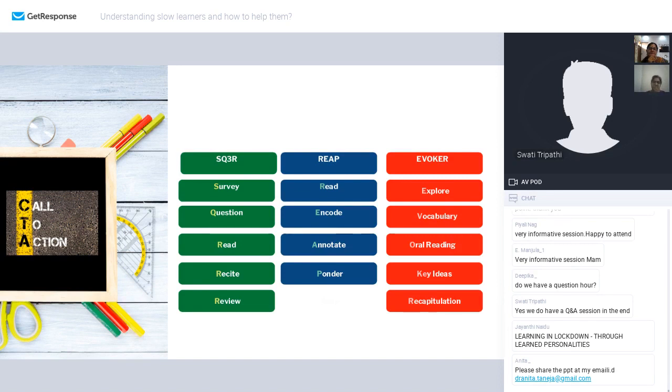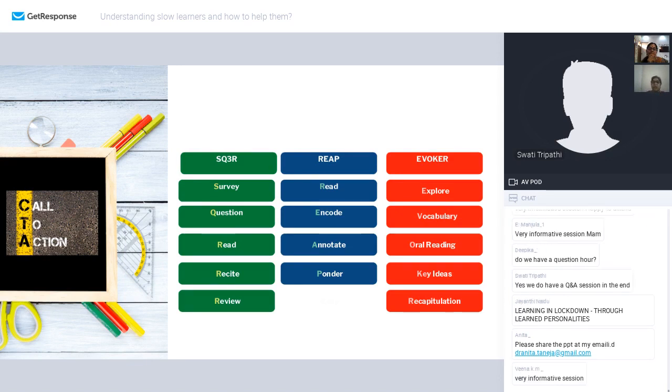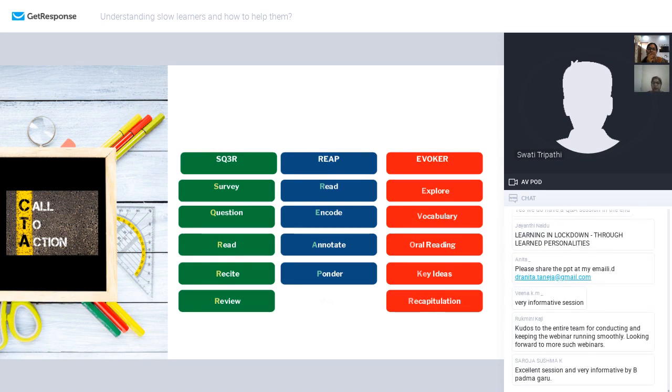The READ method, which is read, encode, annotate, and ponder, is very much similar to the SQ3R. The EVOKER method is normally used for prose, poetry and drama, but it can be used to explain different aspects. In this, the first E, which stands for the key idea, is the main content part.